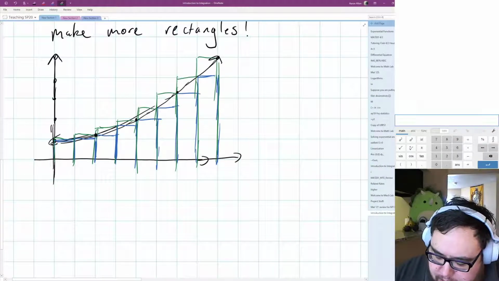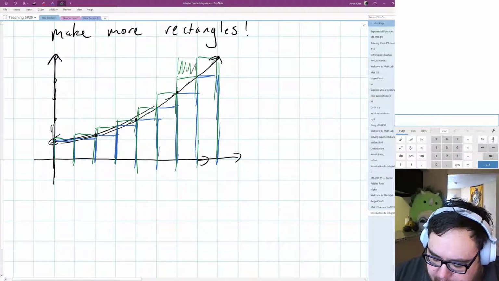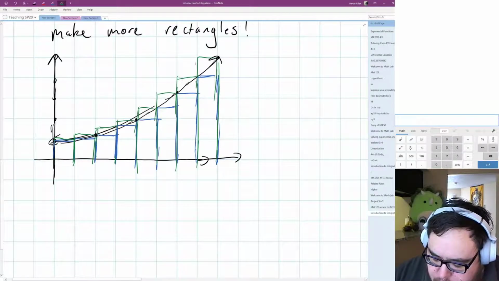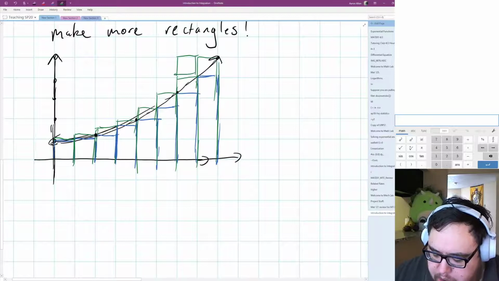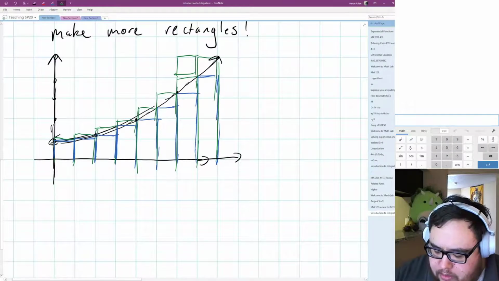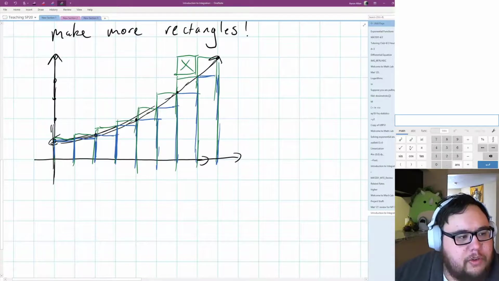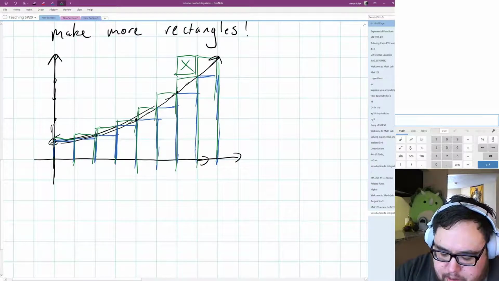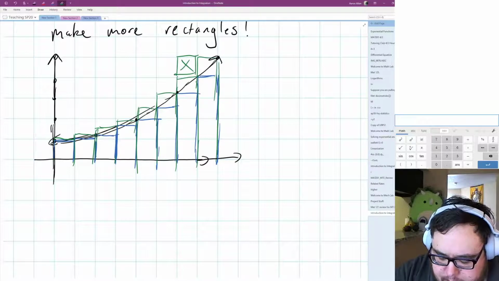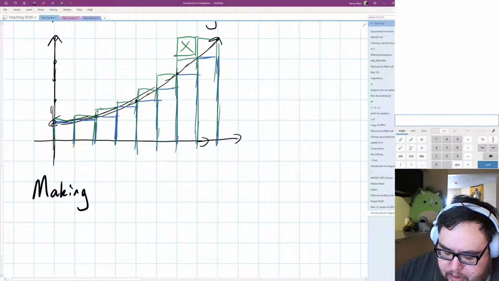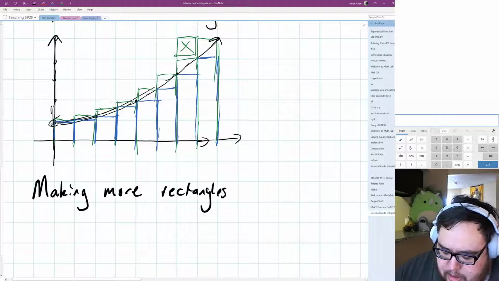We've gotten rid of this chunk here in the green area, right? That rectangle up here that was in our previous one is now gone, right? That's where we've gotten rid of a bunch of our overestimate, etc. So making more rectangles is better.